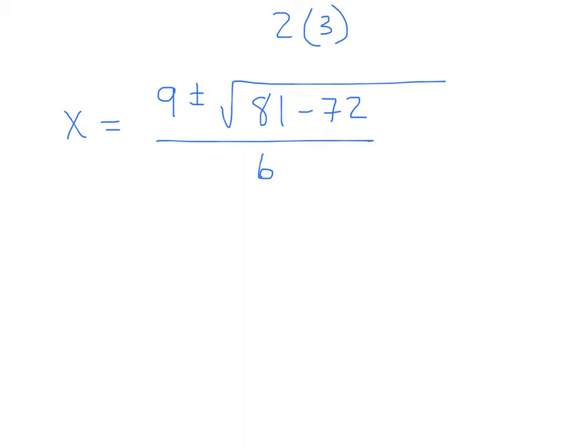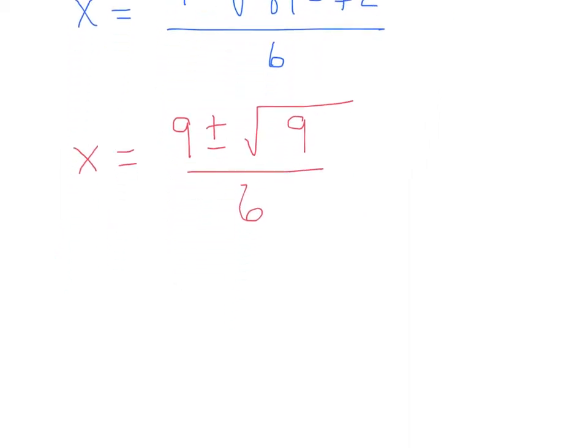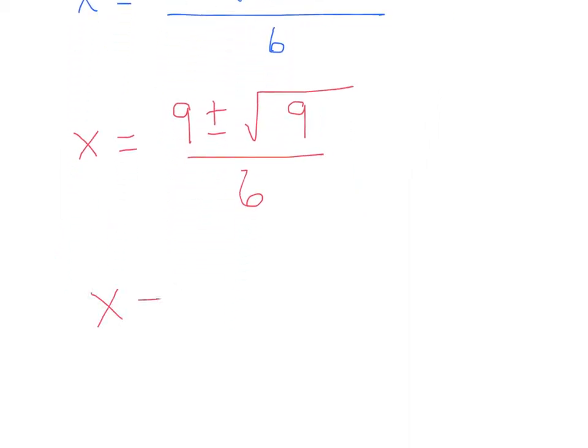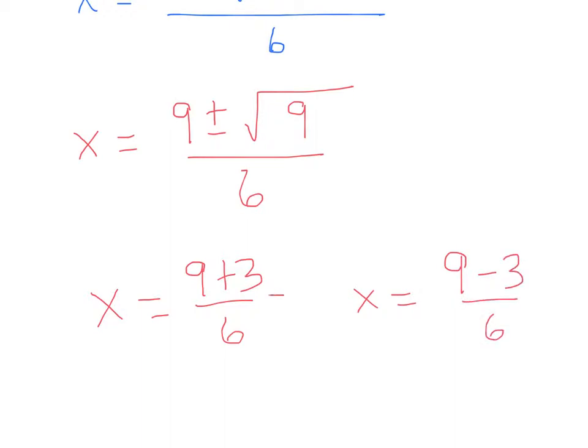Okay, so then I have x equals 9 plus or minus the square root of 9 all over 6. And so then that's x equals 9 plus 3 over 6, and x equals 9 minus 3 over 6. So that's 12 over 6, which is 2. And this is 6 over 6, which is 1.